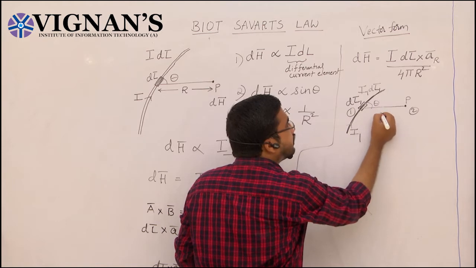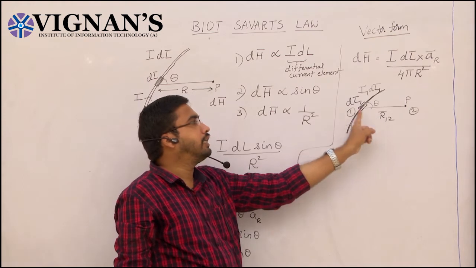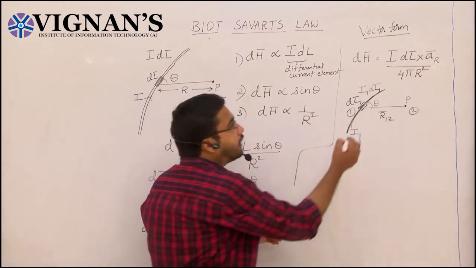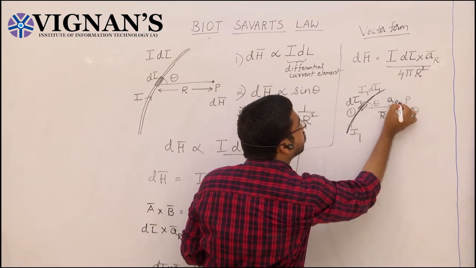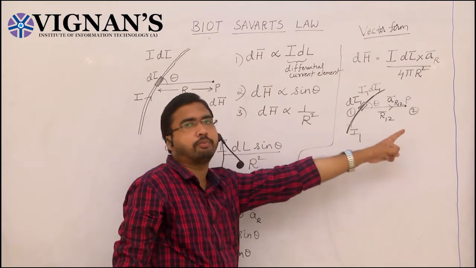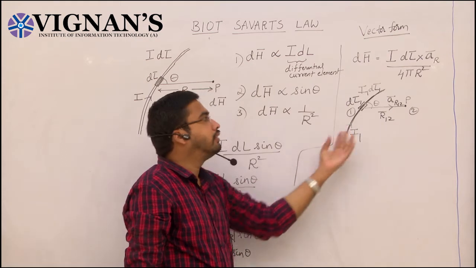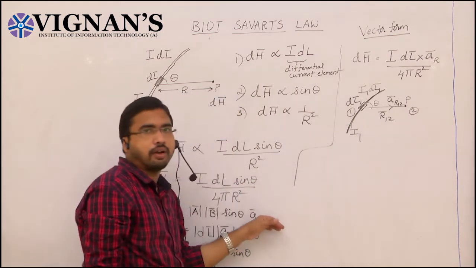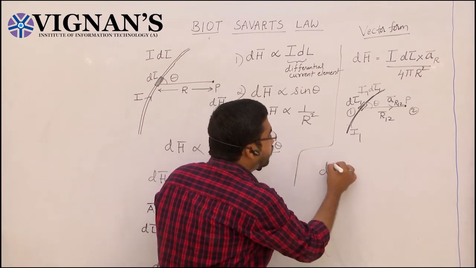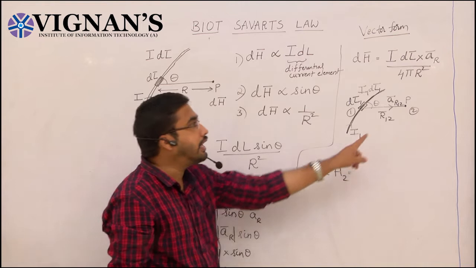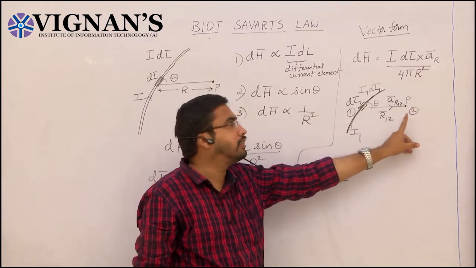So this distance vector is r12, because it is the vector between point 1 and point 2, and the unit vector in this direction is ar12. Unit vector towards point P is ar12. Now if we include all these, then the vector form of Biot-Savart's law can be written as: dH2, the differential magnetic field intensity at point 2 or point P, because we are finding the magnetic field intensity at point 2.